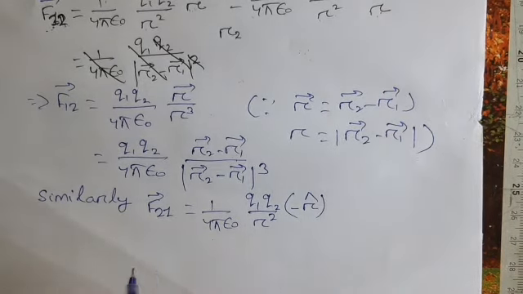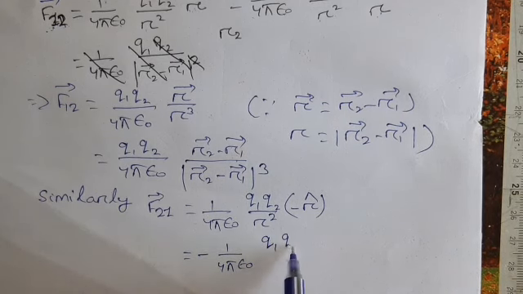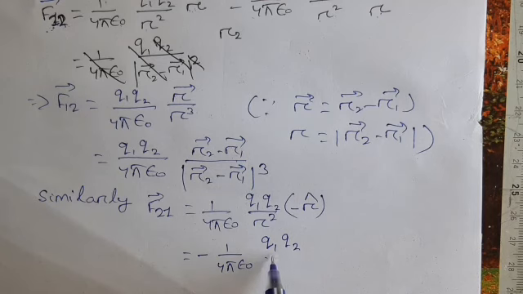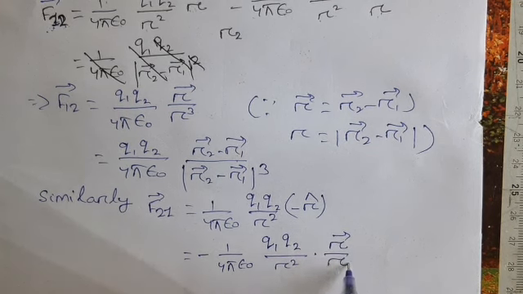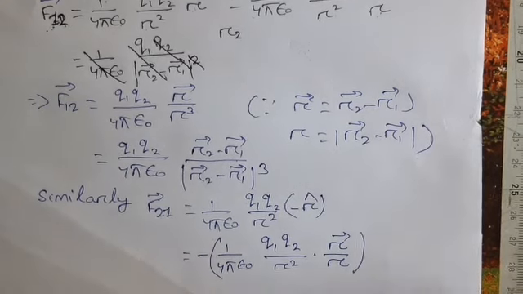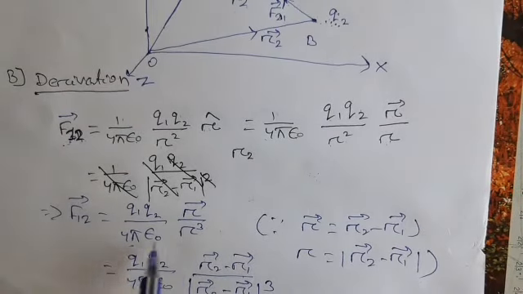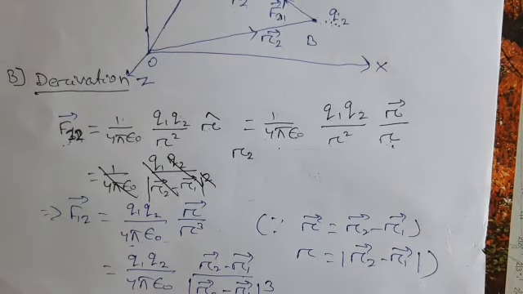Minus r cap means here I have taken minus common. So 1 by 4 pi epsilon naught q1 q2 by r square into r vector by r. So this is F12. In place of this I will write F12.